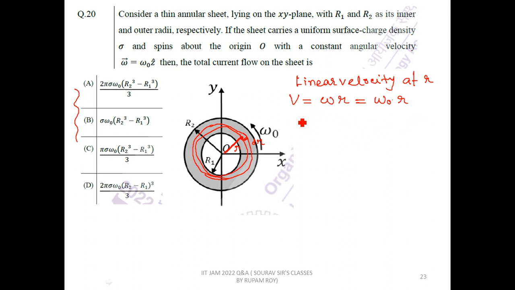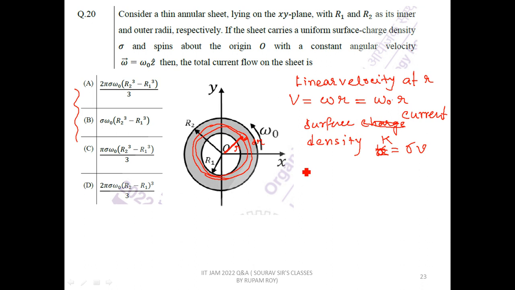Now surface current. We know surface current density K is equal to sigma V. Sigma is the surface charge density.